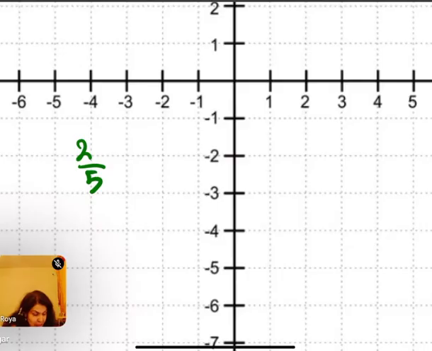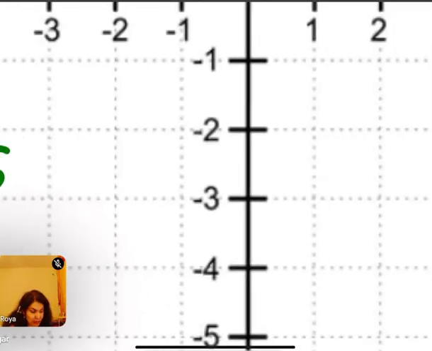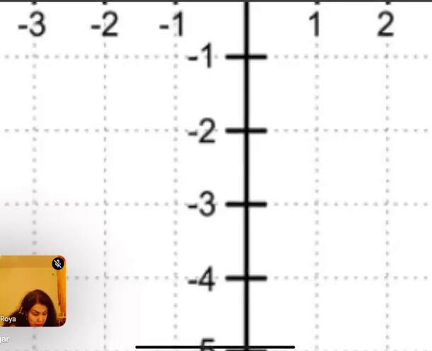For the next unit, you need to divide the space between negative 2 and negative 3 into 5 equal sections. 1, 2, 3, 4, 5, and select 2 of those. 1, 2, because the top, the numerator, is 2.